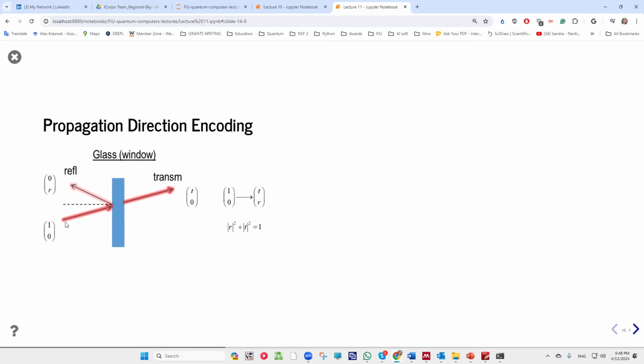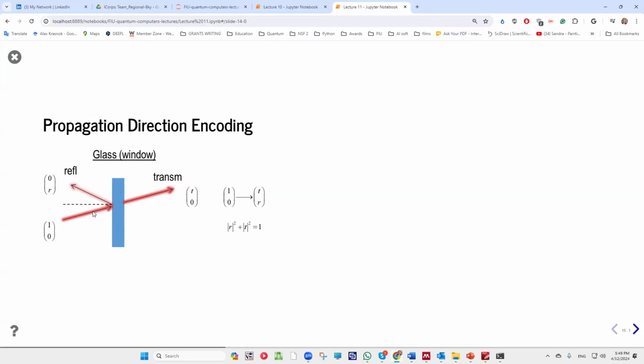Like how every single photon decides whether to transmit or reflect, bounce from the surface of the glass. The rules of quantum mechanics tell us that for every single photon, we have to consider both opportunities.